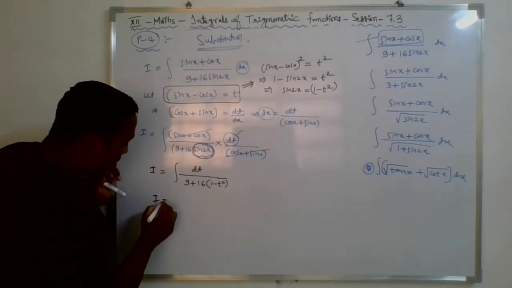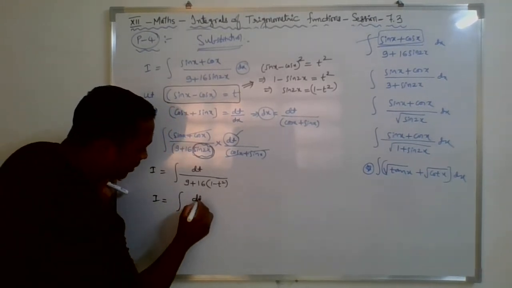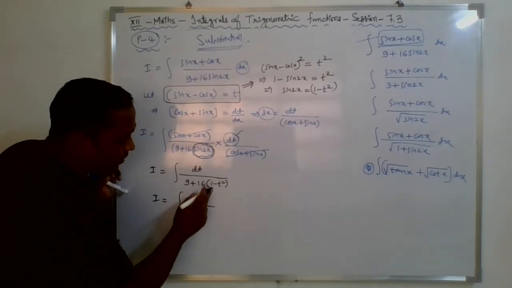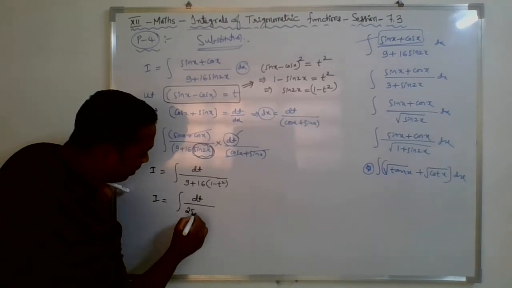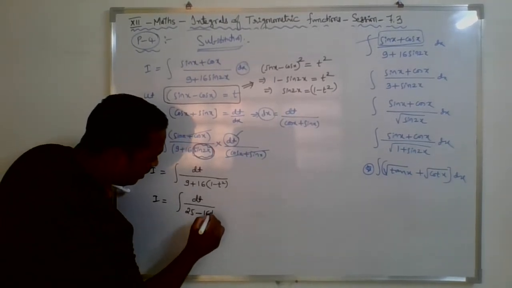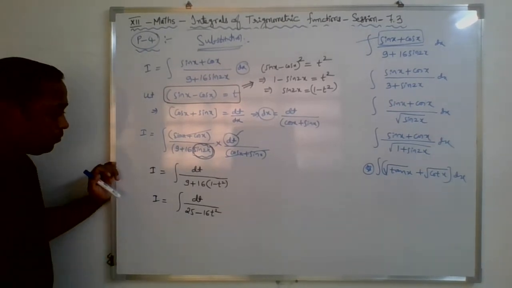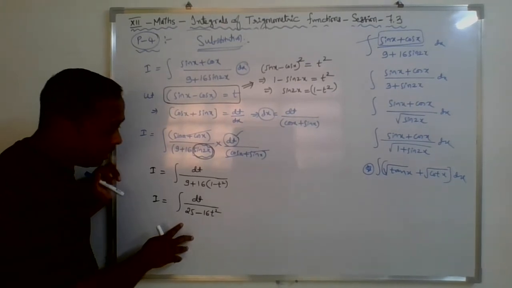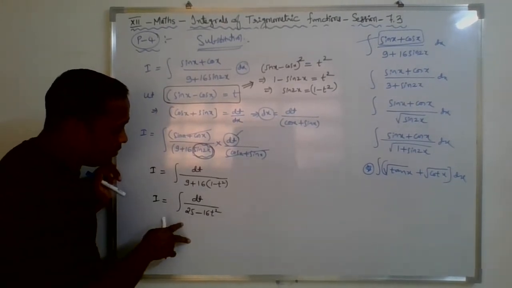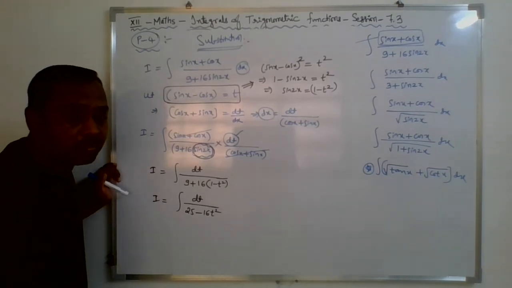So I is equal to, when you do the multiplication inside, it becomes 16 minus 16 t square, 16 plus 9, 25. It becomes 25 minus 16 t square, right? So you can take 16 as a common factor. Basically, it's converted into 1 upon a square minus x square.